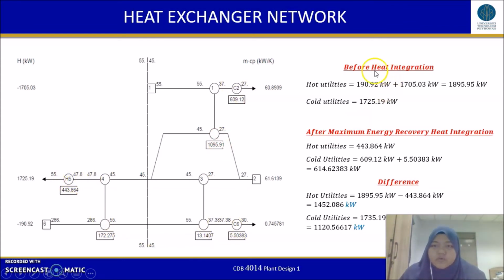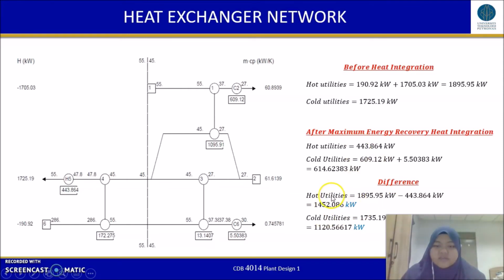Before we did the heat integration, we can see that the utilities used in the heat exchanging process are larger, and we can see the difference after we have done the maximum energy recovery.